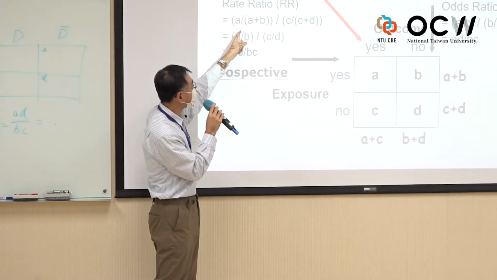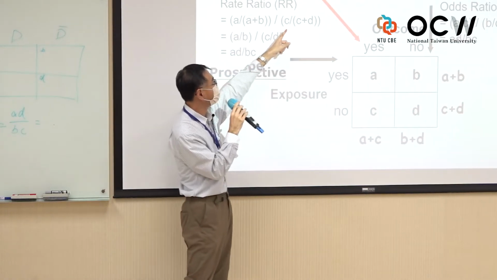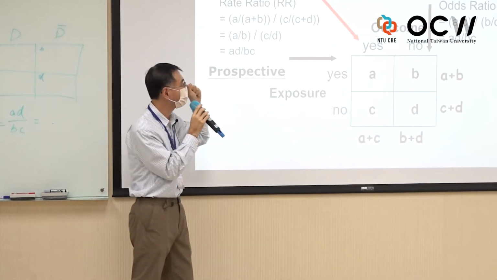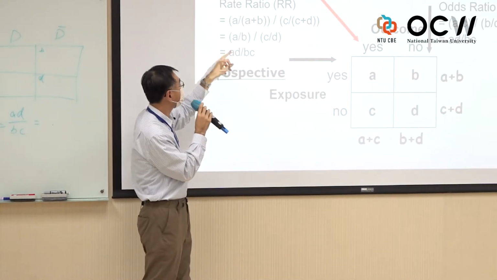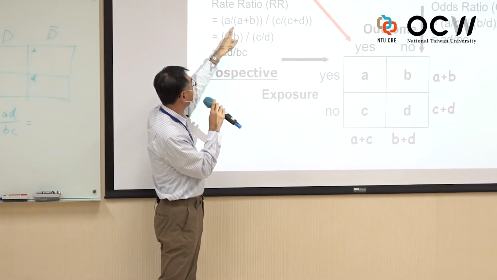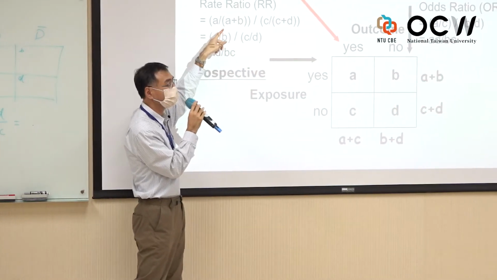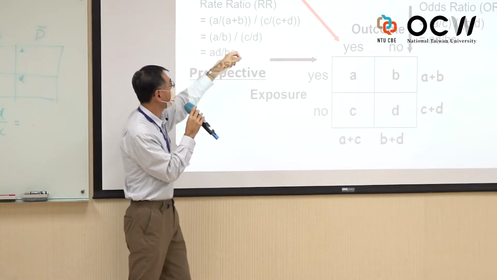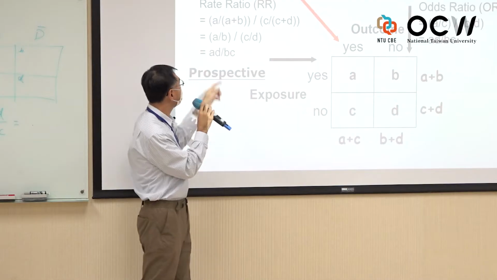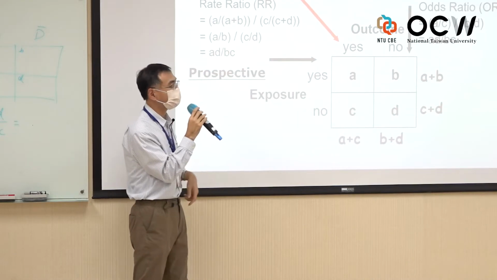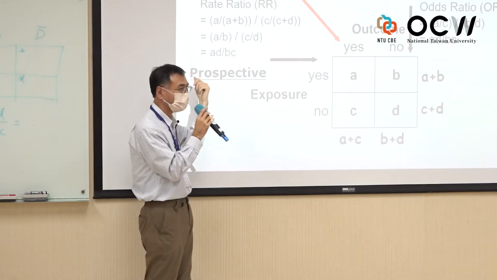It's the incidence rate for the exposed group divided by the incidence rate for the non-exposed group. And under the assumption of a rare disease, A is relatively small compared to A plus B. So A is very small compared to B, and we can ignore it. We can ignore C too. And then rearrange it: AD over BC. Exactly the same, AD over BC.